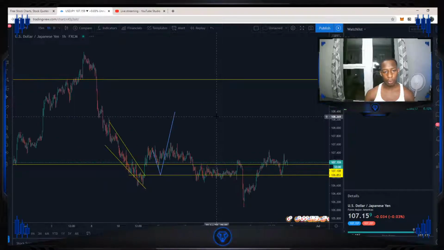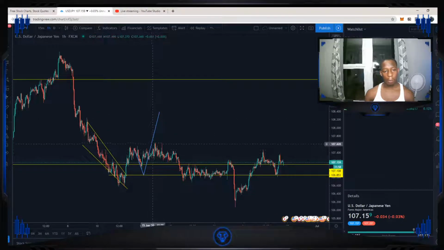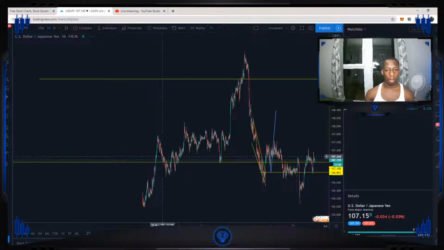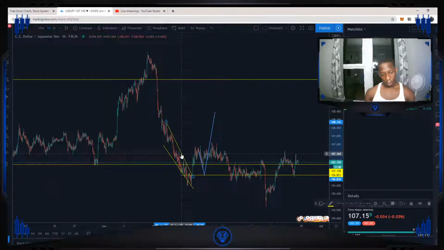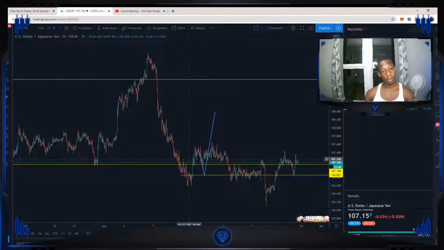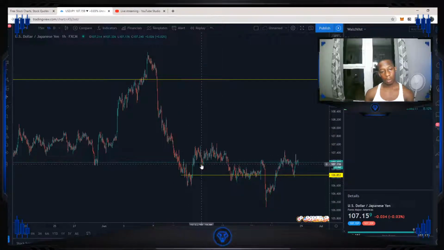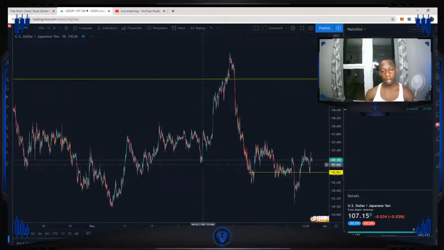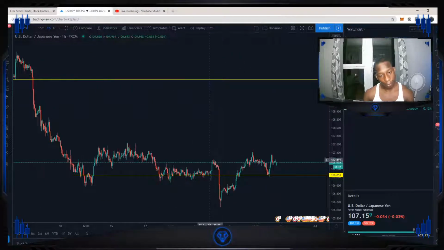Alright, so that's happened. My prediction never happened. So this is why I don't trade the pair. This is why I don't trade GJ. I mean USD JPY.